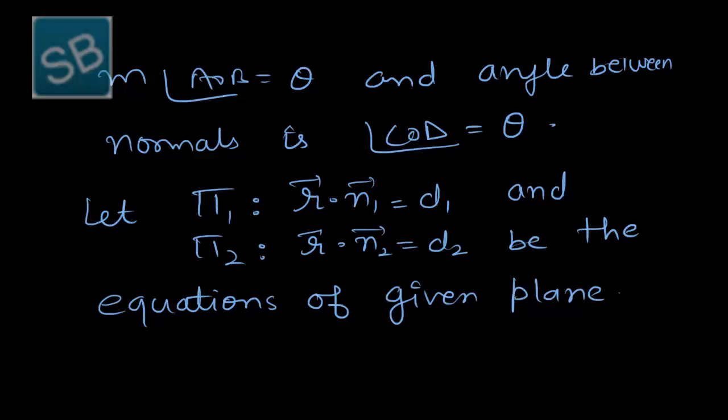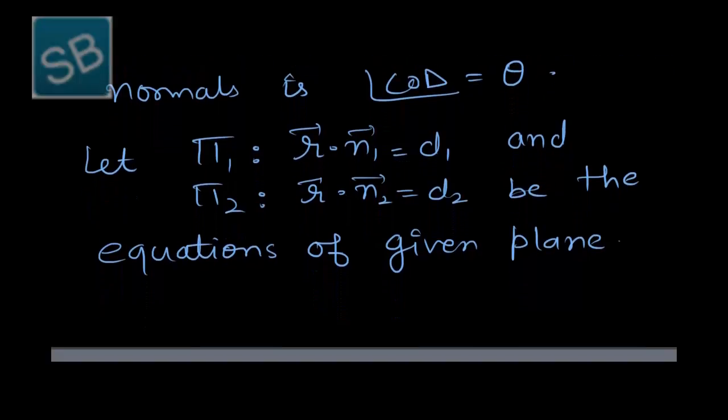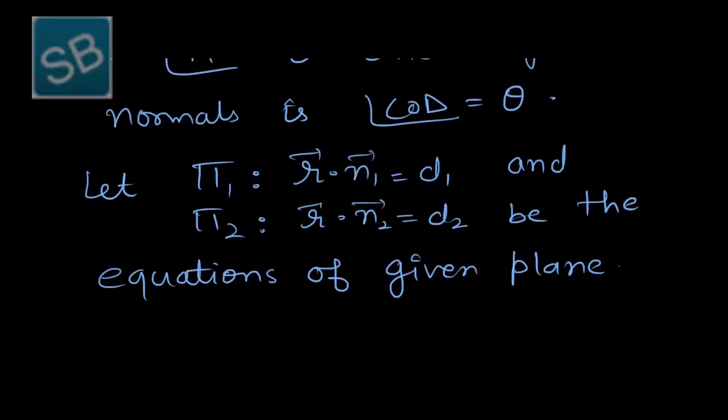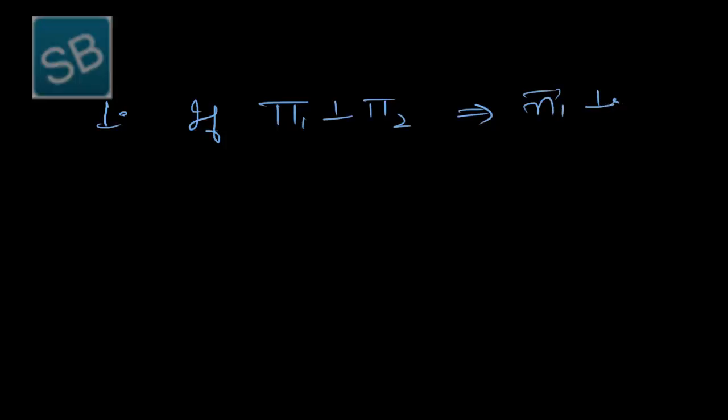Now what can happen? As we discussed in the case of lines, there will be three cases. So let's discuss. First, if plane pi 1 is perpendicular to plane pi 2, that implies normal n1 is perpendicular to normal n2.